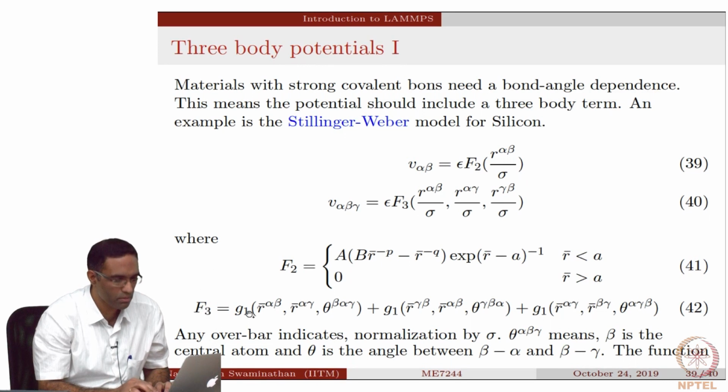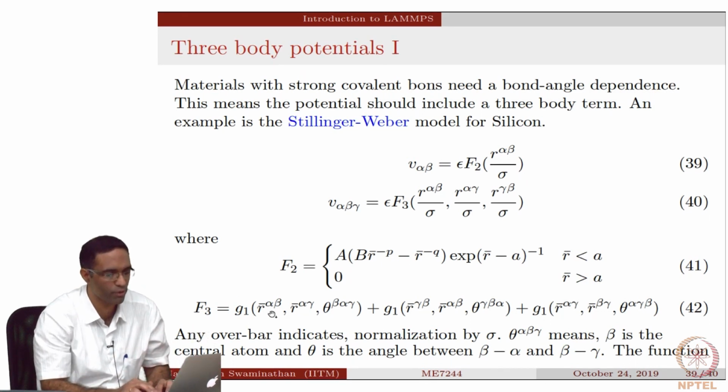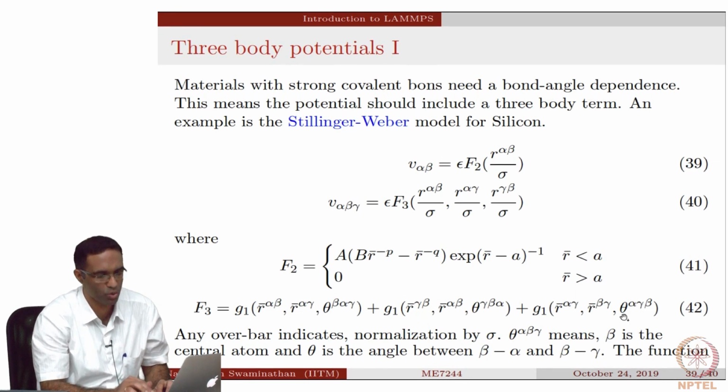The three-body term is the sum of G1, G2 and G3, and each of these depends on alpha beta, alpha gamma. There is a functional form, but in that functional form you need to substitute the distances between alpha beta, alpha gamma, and then gamma beta, alpha beta, and so on.